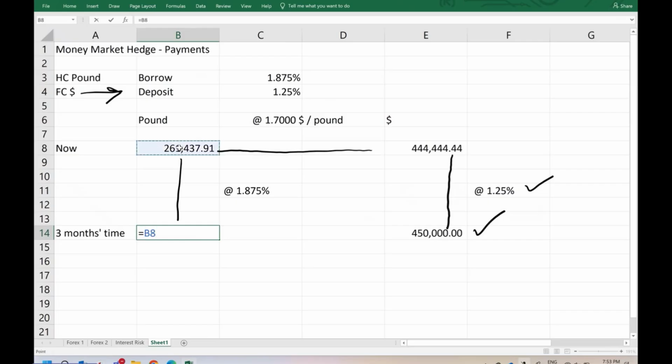This is the present value. Now we have to find the future value, so multiply by 1.01875, compounding, right?